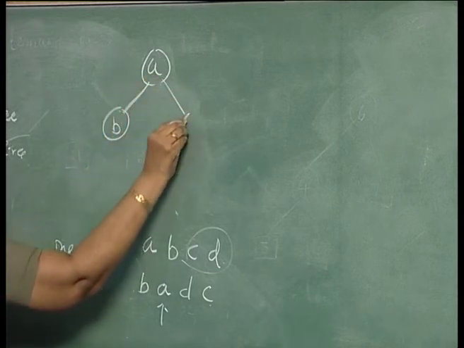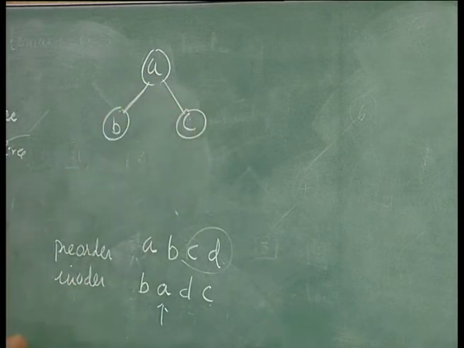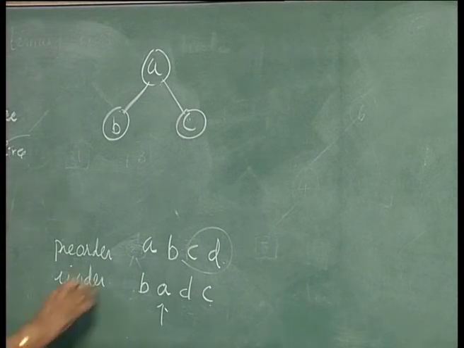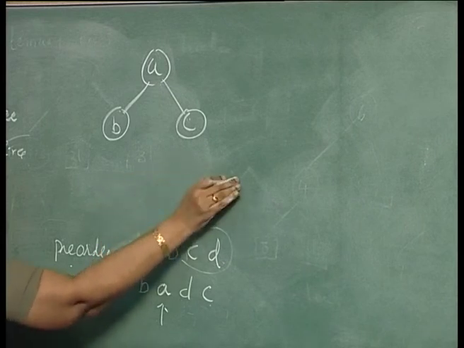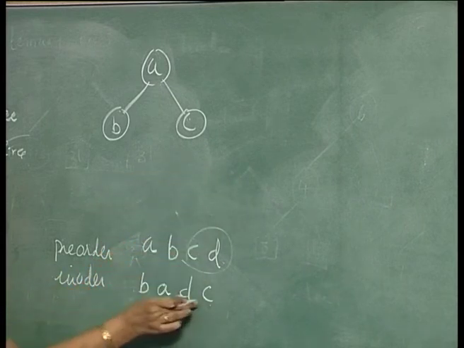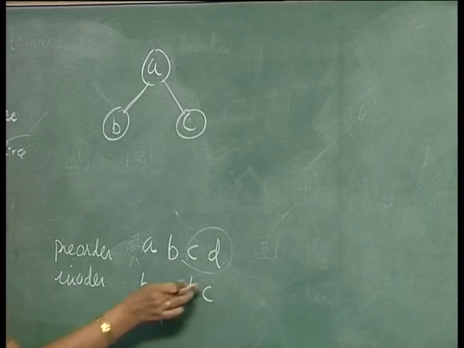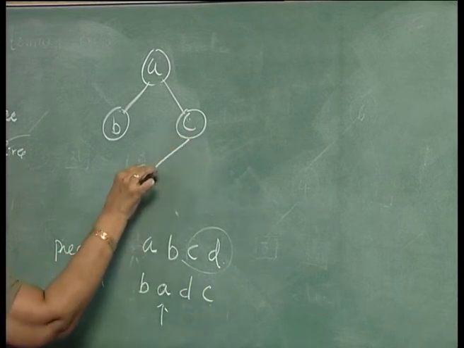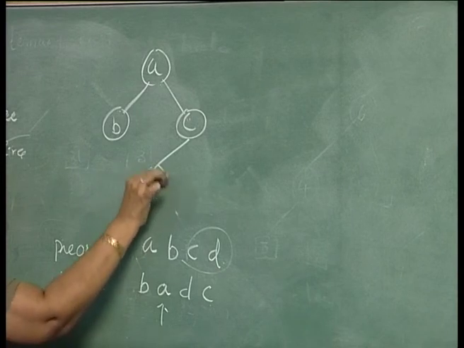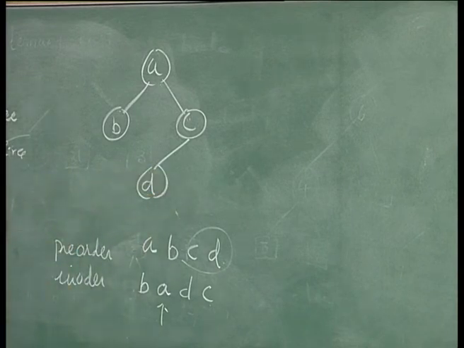So, C will be here, and where will be D? D can be here or here, right, but this tells you that in the inorder, left subtree first, then root, then right subtree. That means D has to be the left son here. So, you can draw like this. So, from pre-order and in-order you can draw the tree in a unique manner, but you cannot do that if you have pre-order and post-order.